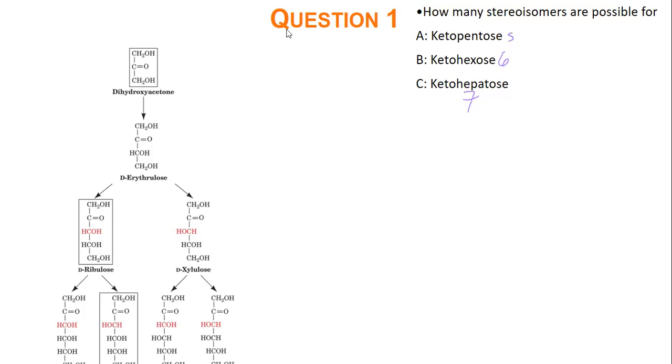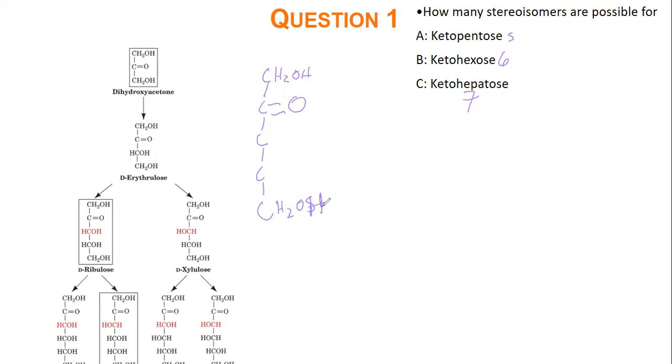$25, $36, $49. Too high. Let me show you the ketopentose. So pentose means we have 5 carbons. Keto means the second carbon is our carbonyl. So this is CH2OH, this is CH2OH.